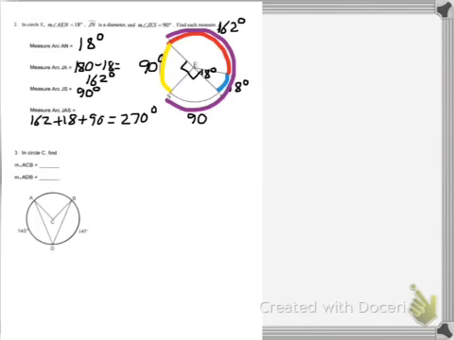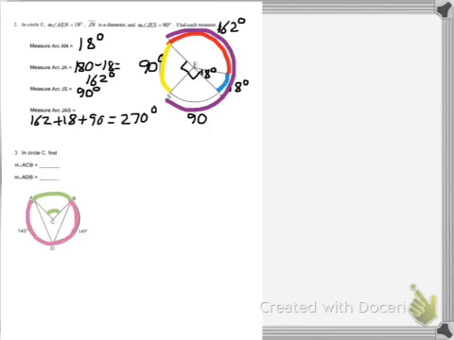Moving on to example 3 now. In circle C, it wants us to find two angles here, the measure of angle ACB and the measure of angle ADB. So the first one is ACB, which is this angle right here. To find that out, we need to know what this arc angle is out here from A to B. The given things in the problem are that from A to D is 145, and then from B to D is also 145.